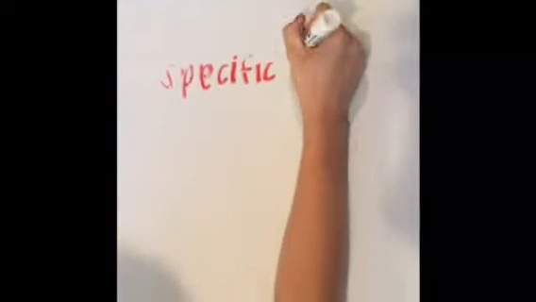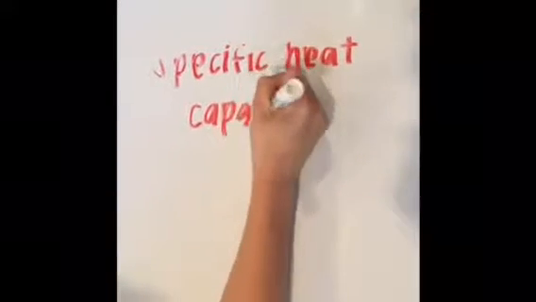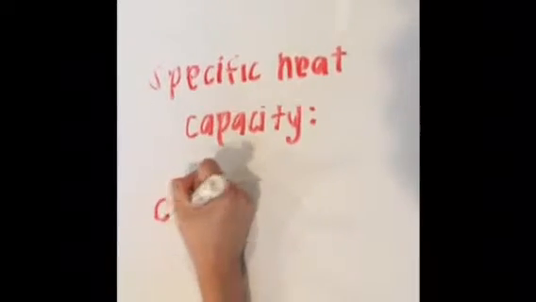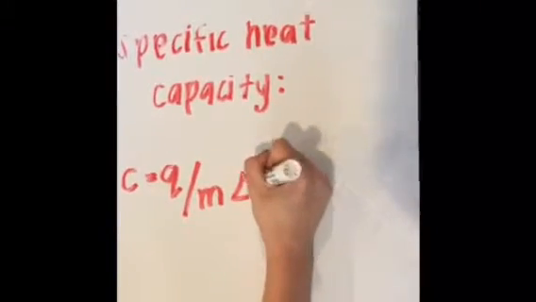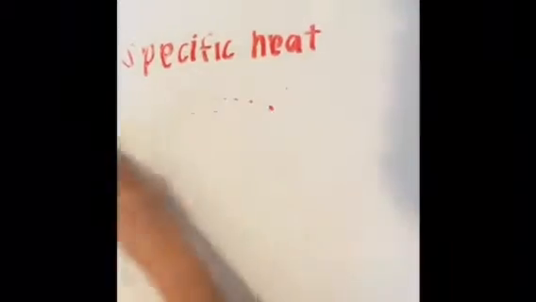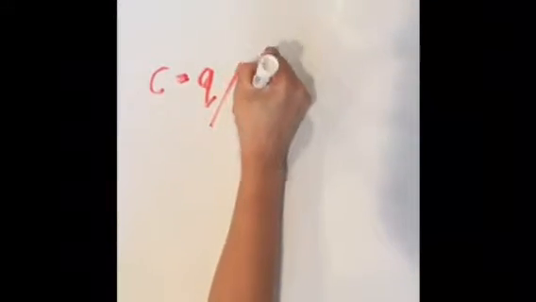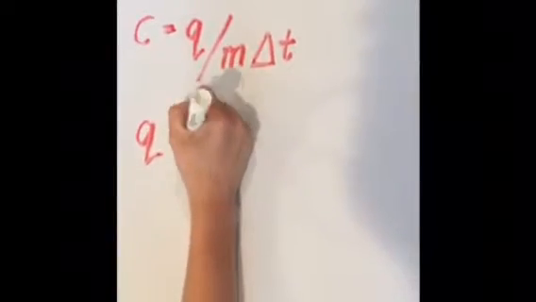Another thing I want to talk about is the specific heat capacity. The formula for that is C equals Q divided by M delta T. So I'll rewrite the formula: C equals Q divided by M delta T. The Q equals the heat.